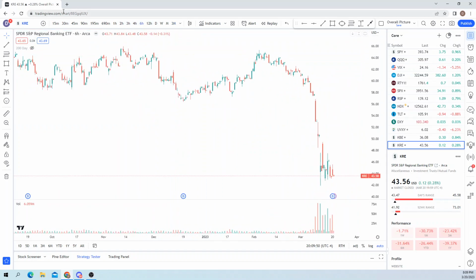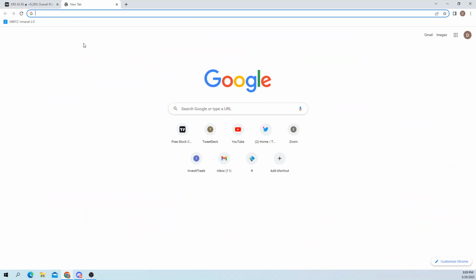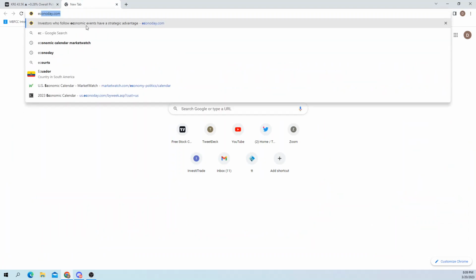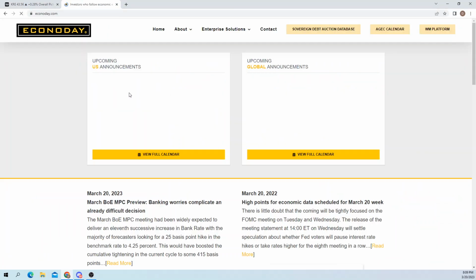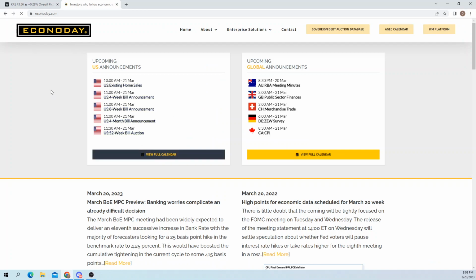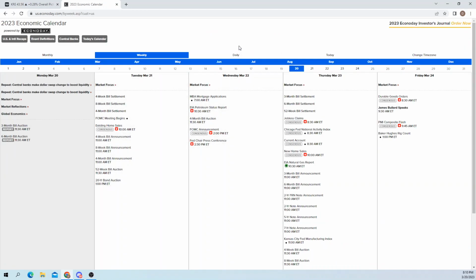On to the FOMC. This one's a tough one because of the banking crisis that's happening. So usually I have a pretty good understanding of what to look out for on these Fed events. Whether they're going to hike by 25 basis points, 50, 75, whatever.